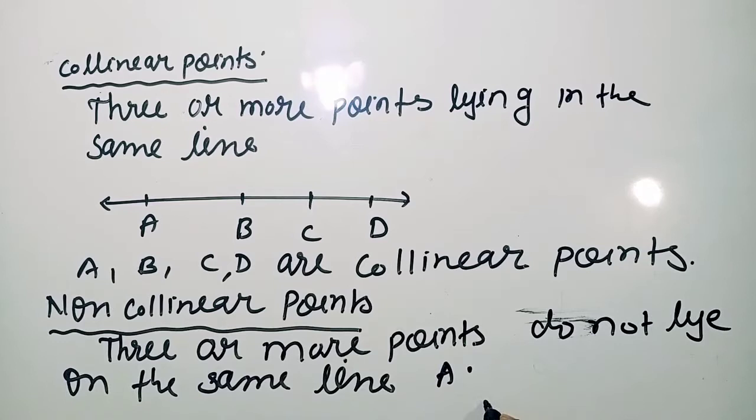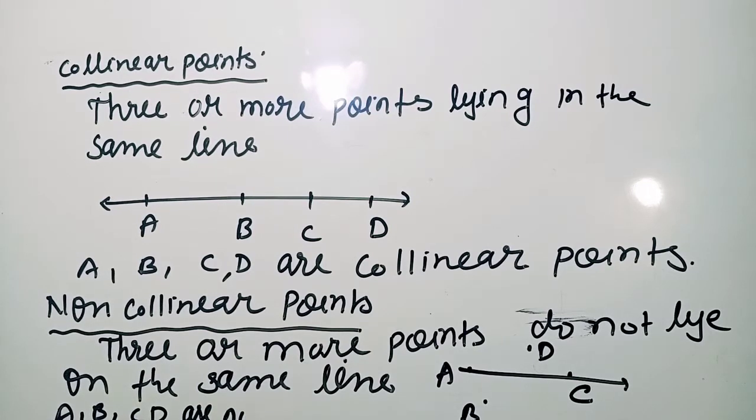Suppose point A, B is over here, C is somewhere here, and D is here. Suppose we join AC, so B and D do not lie on line AC, so that's why A, B, C, D are non-collinear points, because these points do not lie on the same line, right students?